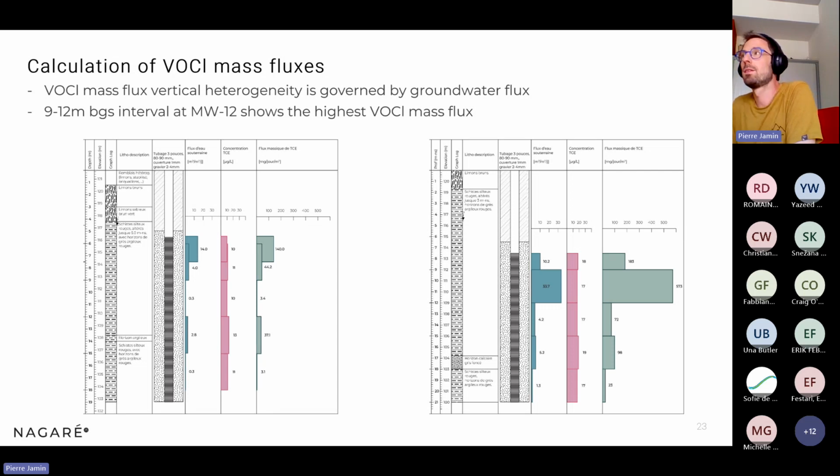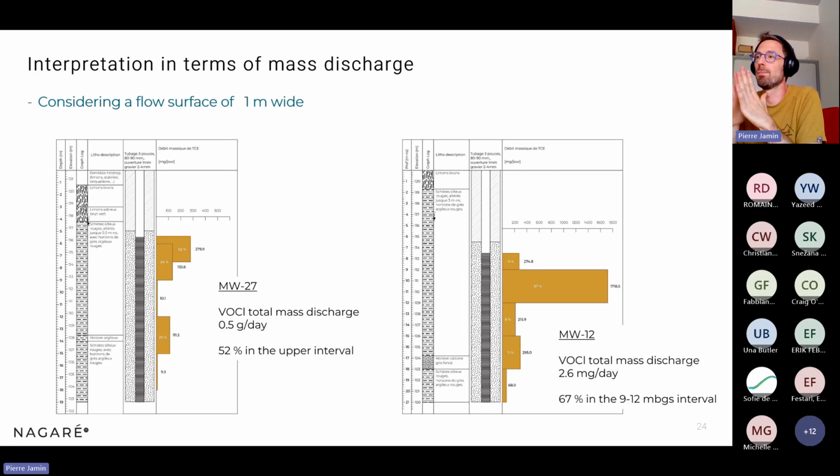Again, this kind of flux result is representative just at the location of the well, and it's milligram per day and per square meter. But if we consider a flow surface that is representative of that measurement around the well, and we consider the surface of being 1 meter in width, then we can calculate the mass discharge.